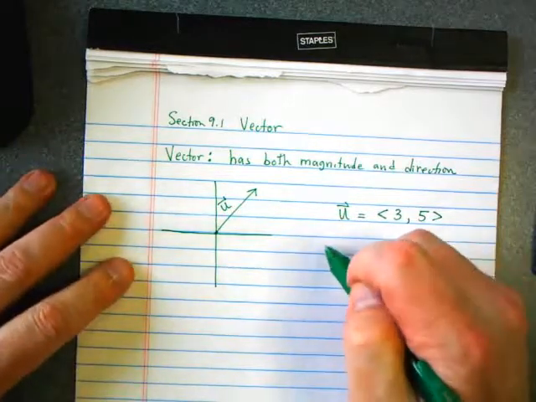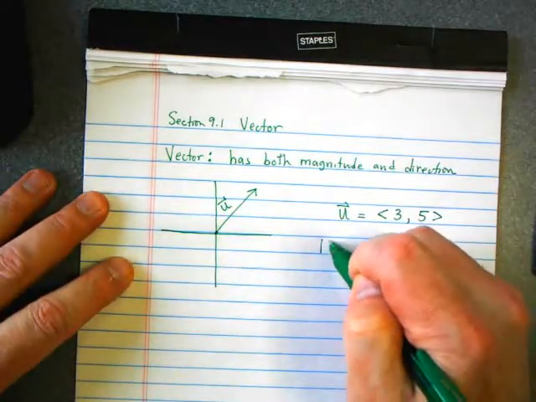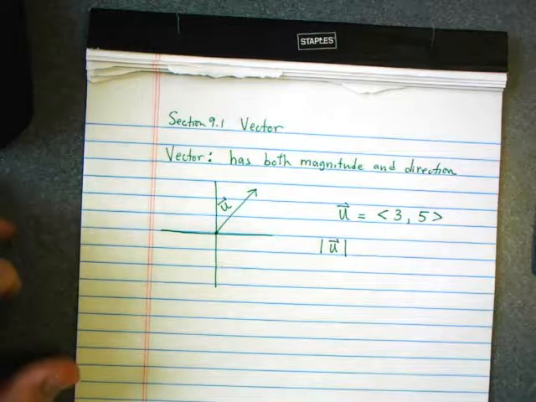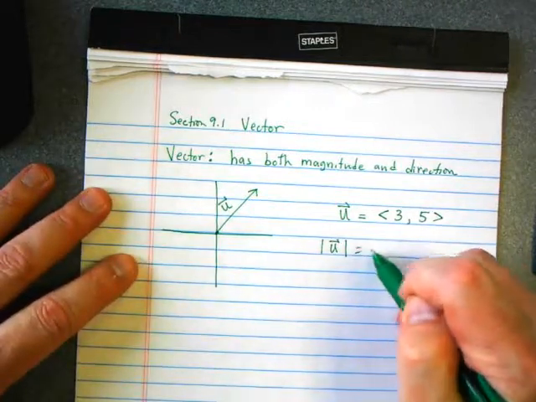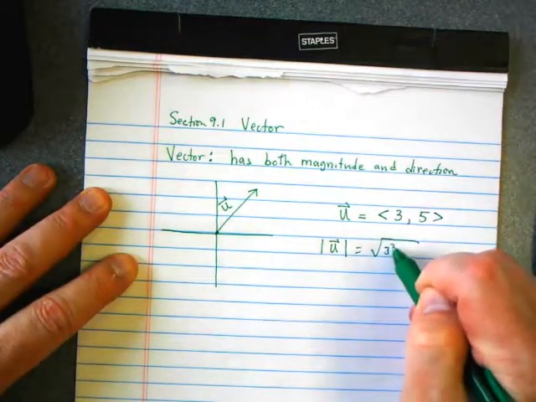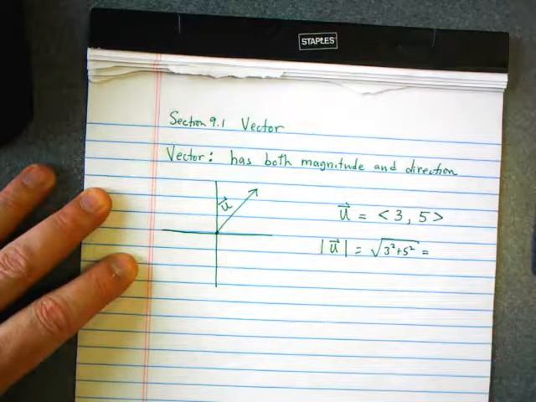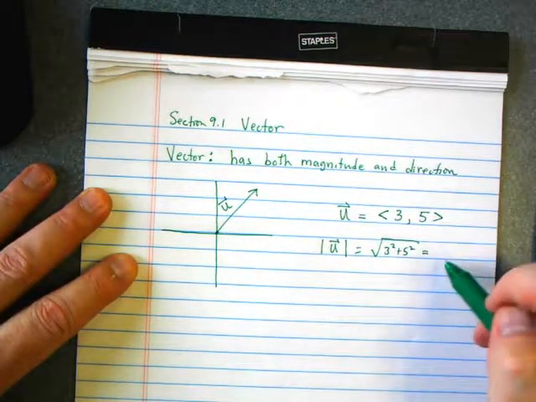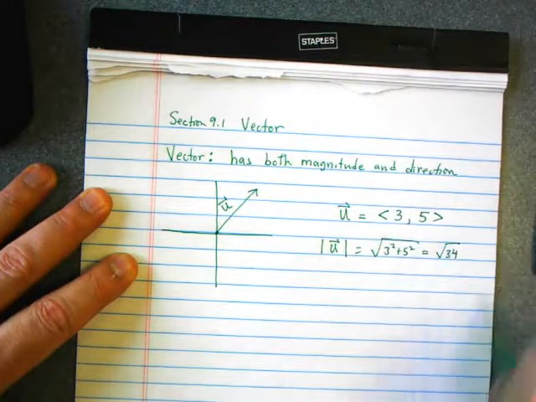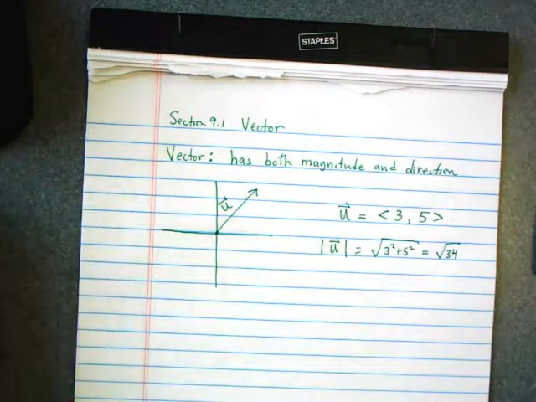Its magnitude would be its length. And we use that symbol, just like we did dealing with complex numbers. We use the same symbol for magnitude. Its magnitude would be the square root of 3 squared plus 5 squared, which would be square root of 34. So there's this magnitude.